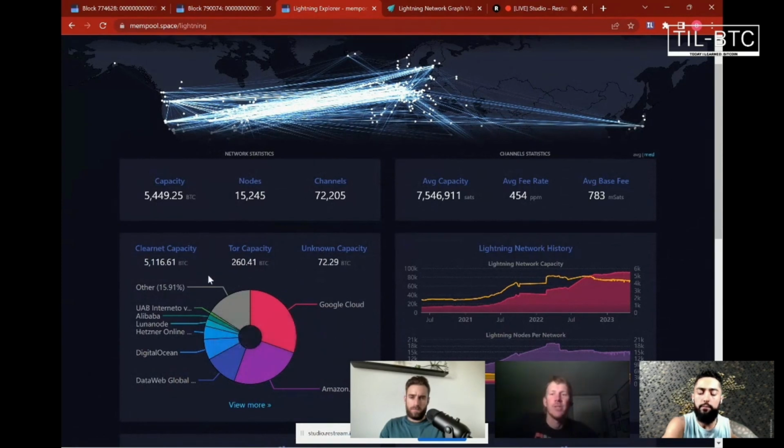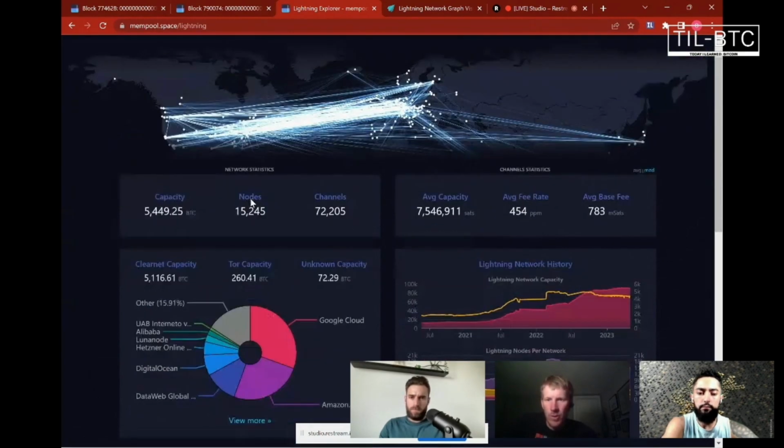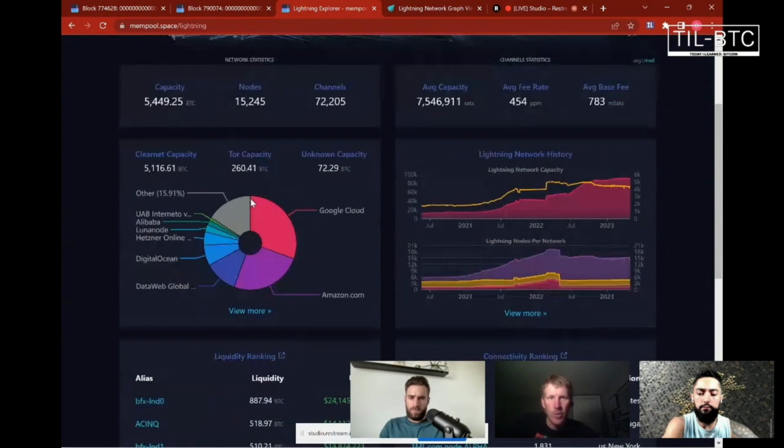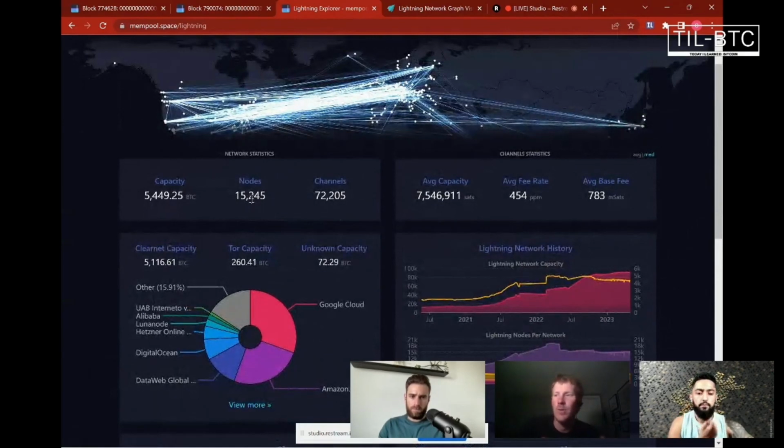And this is interesting. The number of nodes is 15,000, and it'll tell you how many nodes are on Tor somewhere. It's like 10,000 nodes on Tor. So Tor nodes are what all of us plebs run, like Embassy and Raspberry Blitz and Umbrel.